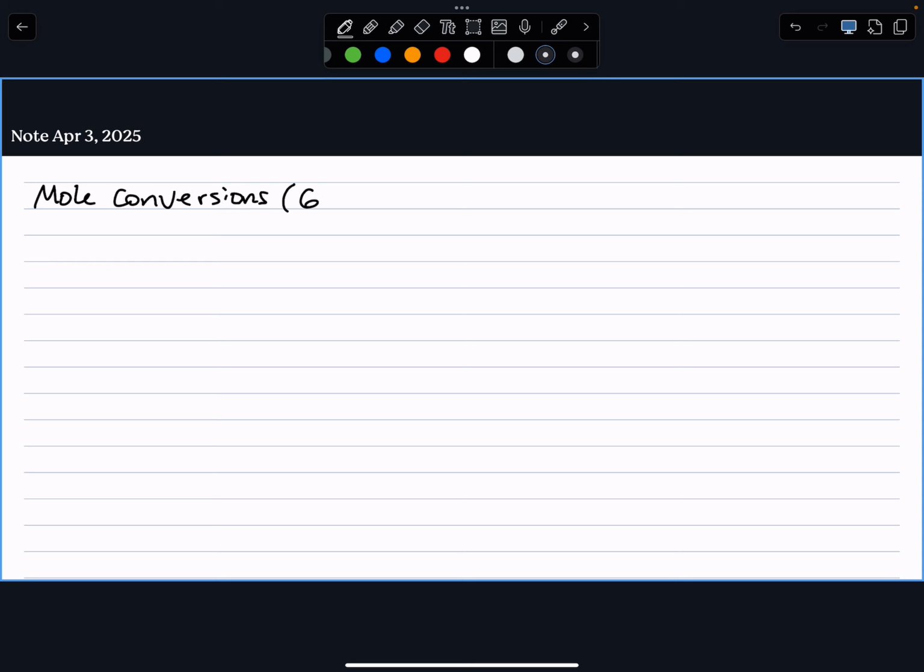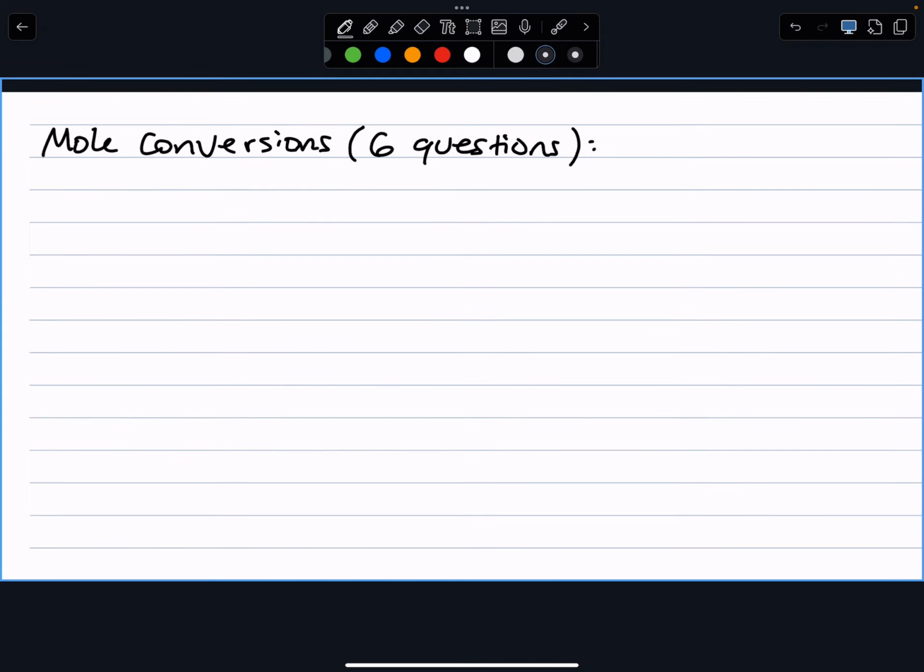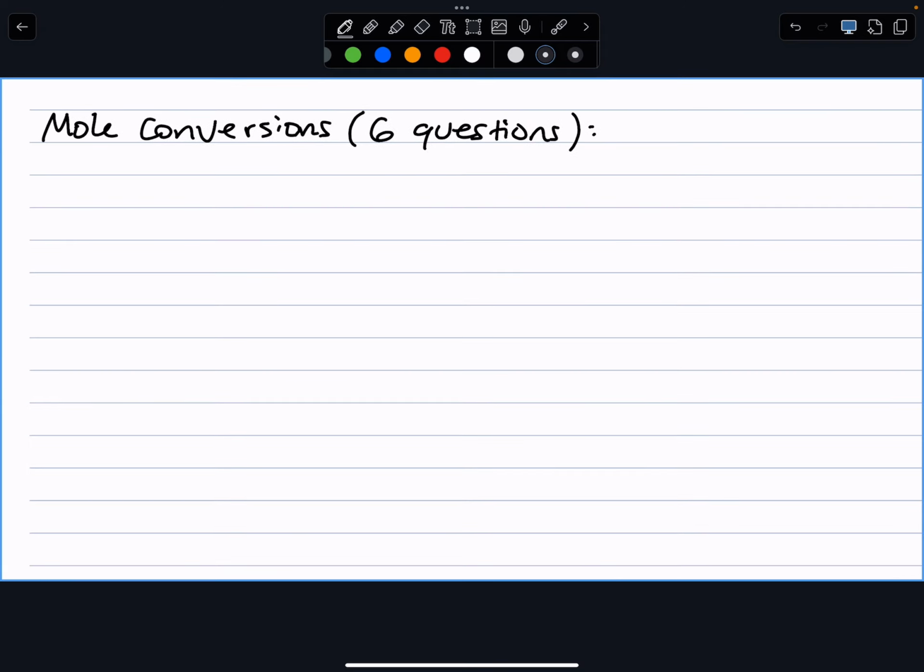Okay, mole conversions. There are 6 questions on mole conversions on the quiz. So the first thing that I want you to do when you take this quiz is to draw out this map.